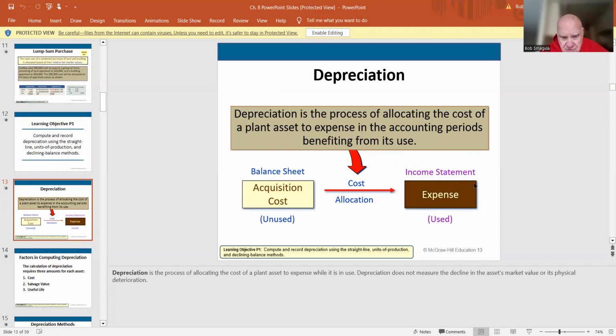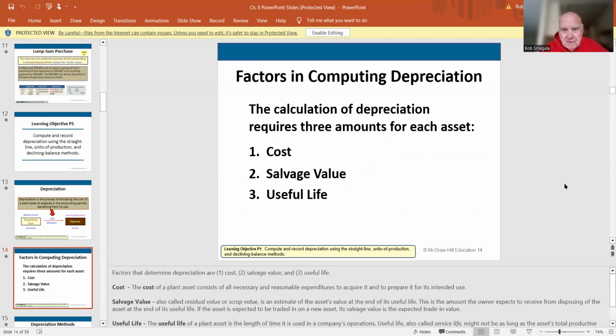So depreciation expense is a legitimate corporate expense, and it's the type of expense that companies love because it reduces your net income, your taxable net income, without using cash. So depreciation is an important tool.